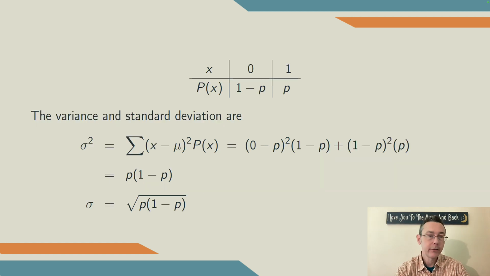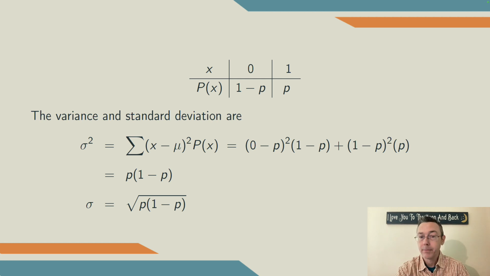We compute variance and standard deviation in an exactly similar fashion. So for variance, for instance, we have the formula sum of (x minus mu) squared times p of x, and that says take each of the possible x values, plug them in to this formula, and then add everything up. So for instance, when x is 0, we get 0 minus the expected value, which is p, so 0 minus p.